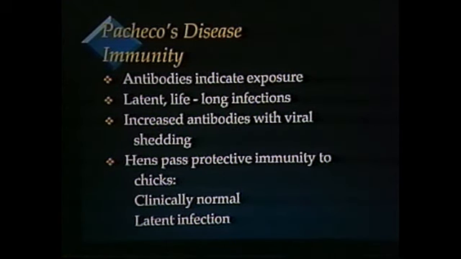Increased antibody production in the serum can usually be demonstrated when viral shedding is occurring. Hens can pass protective immunity to the chicks via egg yolk antibodies, and once the chicks receive this passive transfer, they may remain clinically normal or may occasionally develop latent infections.